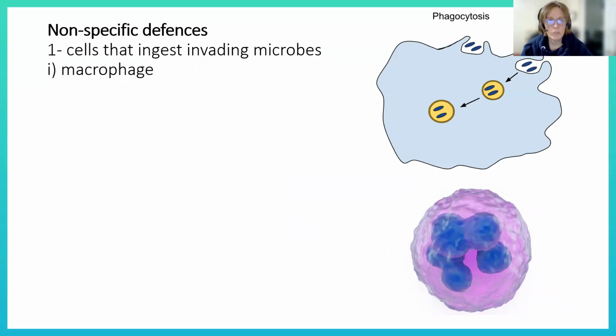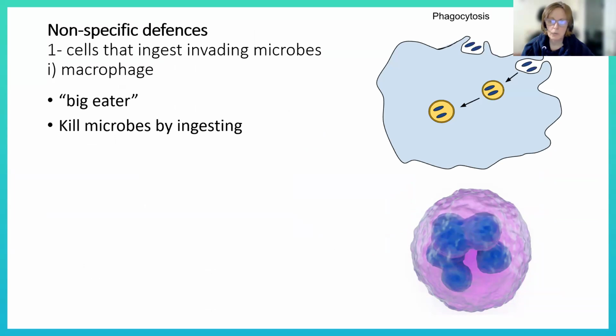So of our non-specific defenses, these 3 cell types help us with our non-specific defense. We have the macrophage. Some people say macrophage, it just literally means big eater, macro, big, phage, eater. And as we know, we've seen this image quite a few times now, it kills microbes by ingesting them in this process called phagocytosis.